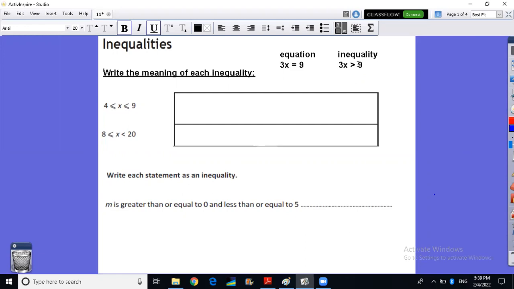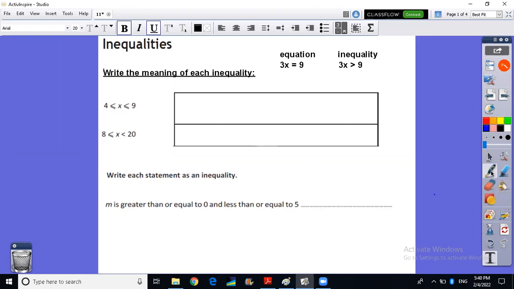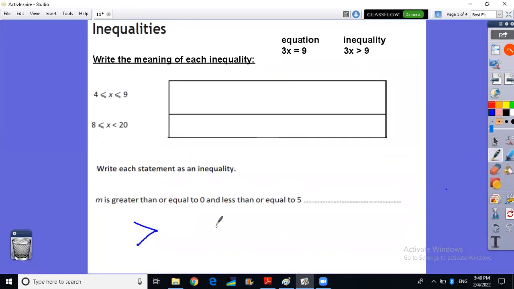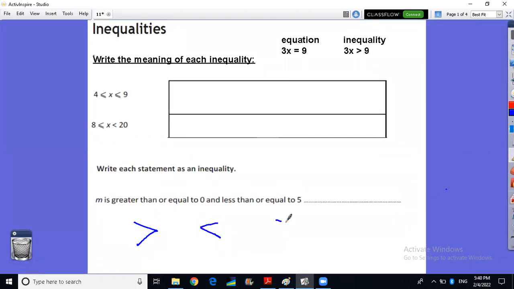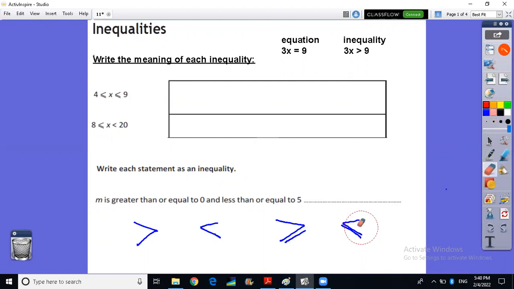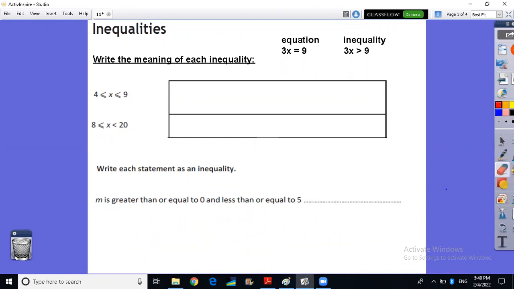I did not give you a specific number for 3x. So this is when we call it an inequality, using the signs that we know as greater than, less than, greater than or equal to, less than or equal to. So this sign here means or equal to. All right, we're going to have a look at this more right now. Let me just erase this and start.